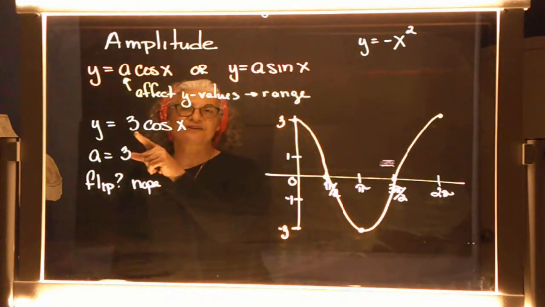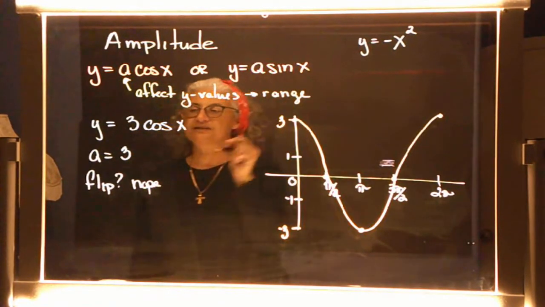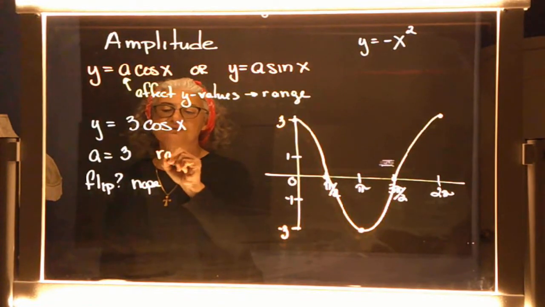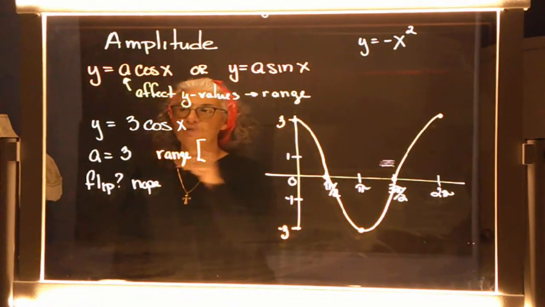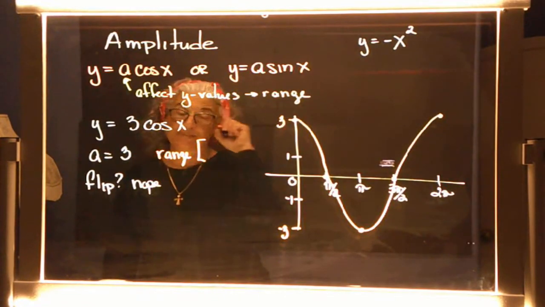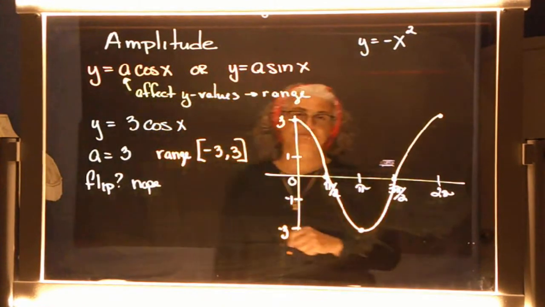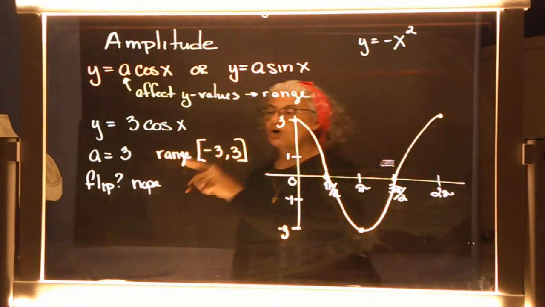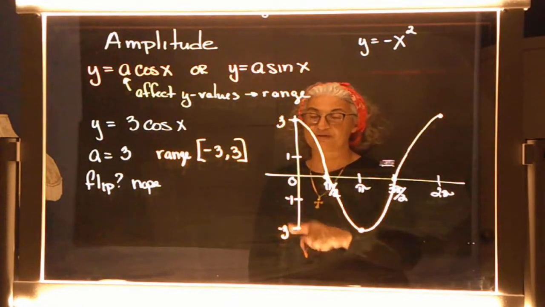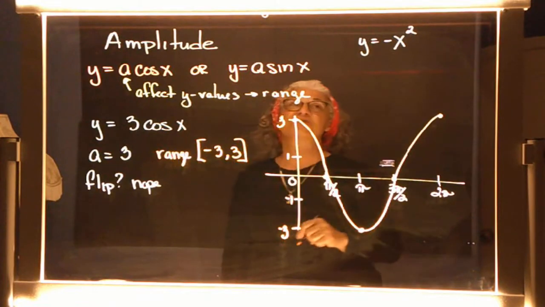This 3 in front, since this affected the y values, it also affected the range. So here's the deal. The amplitude is going to dictate the range. And based upon the amplitude of 3, my range went from a -3 to a +3. Amplitude is always positive. It will always tell me my range, which goes from -3 to +3 in this case, because there's a 3 in front.